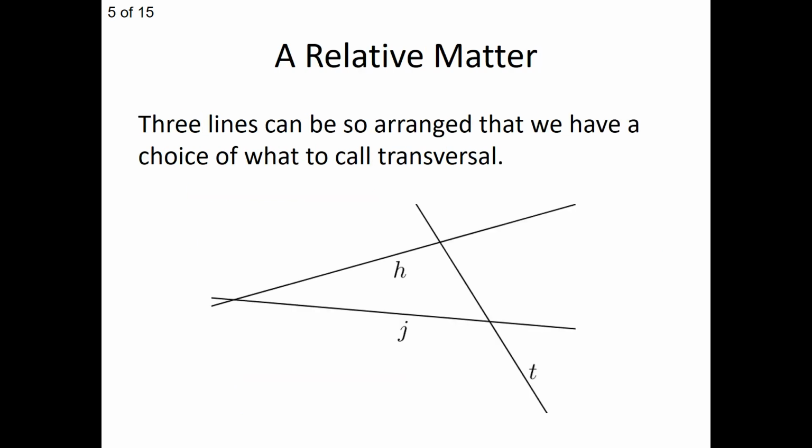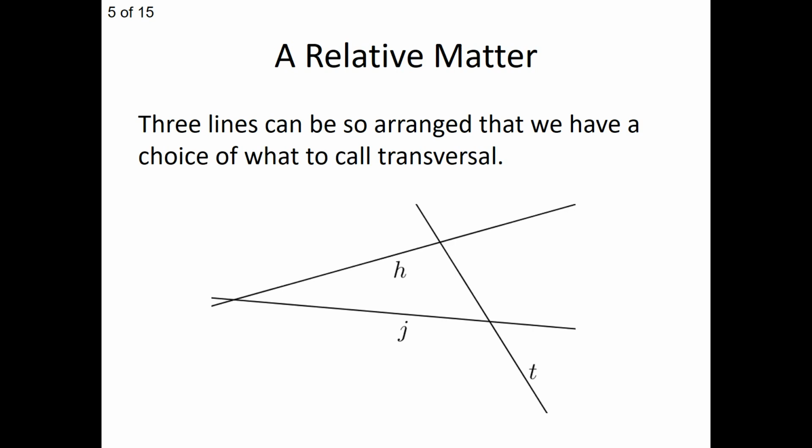Now, of course, it is a relative matter what we consider to be a transversal. For example, we just saw T crossing through H and J. But if we were to extend lines H and J and those happen to intersect, then it becomes a relative matter of which line is a transversal. All 3 lines in this diagram are considered a transversal, but not at the same time.